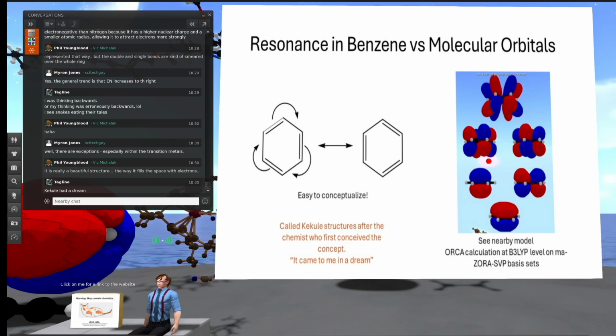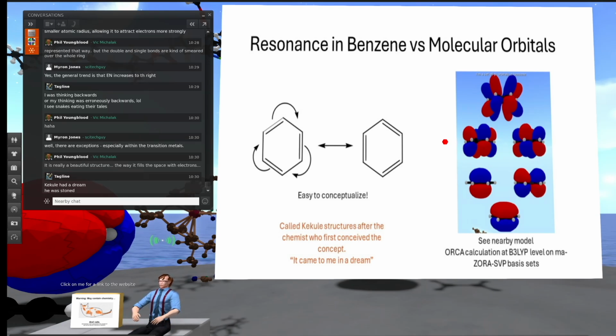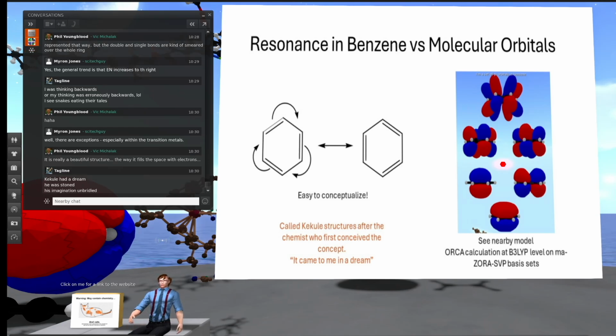A more accurate depiction is shown on this left-hand side. And let me move the actual model forward so you can see it. It's a bit small. Sorry.